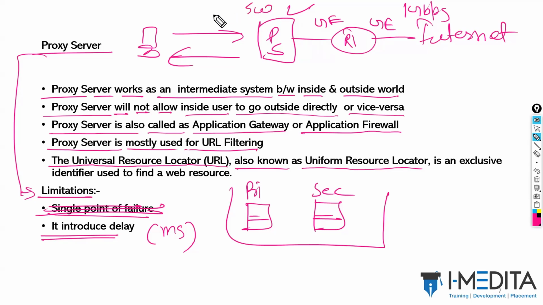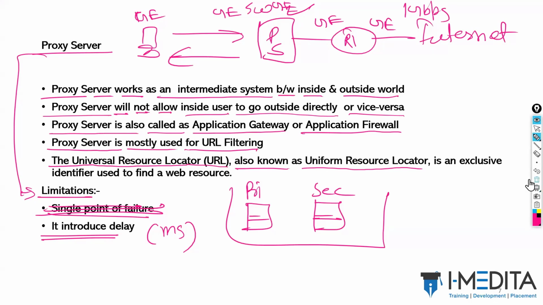So switches must be capable of supporting gigabit Ethernet. And if your PC supports only fast Ethernet, still it is a problem. So your PC should also be capable of supporting gigabit Ethernet capacity. Got it or not? So you can minimize the delay, but totally you can't remove it.